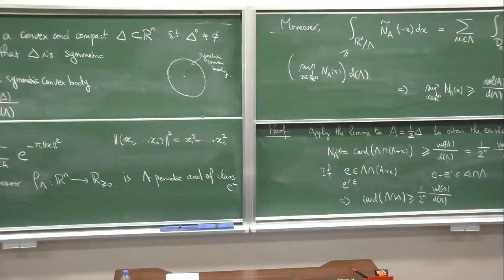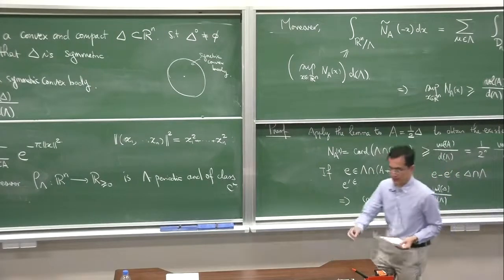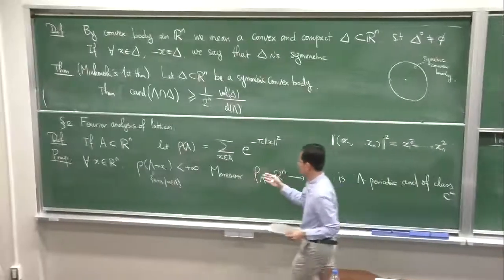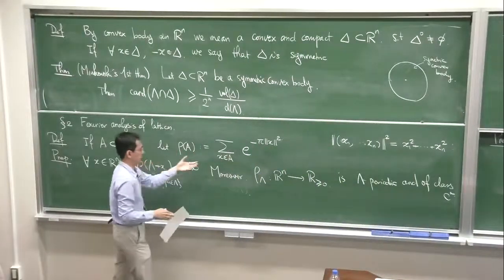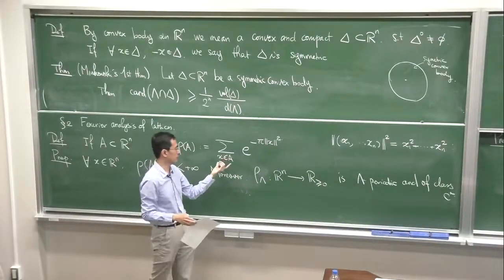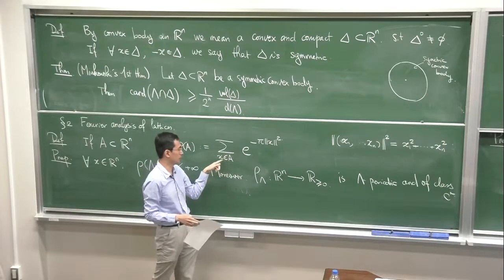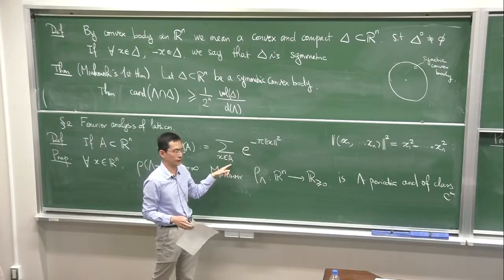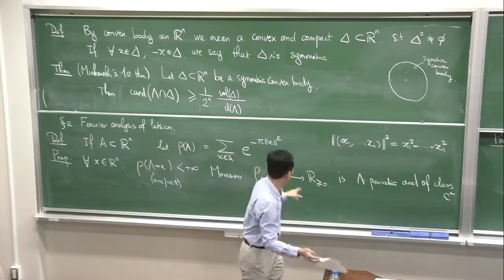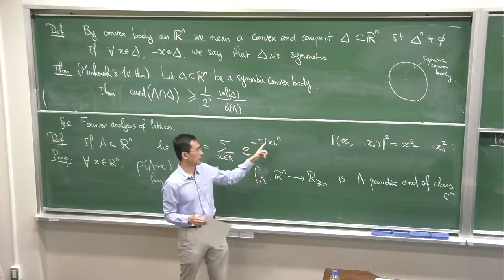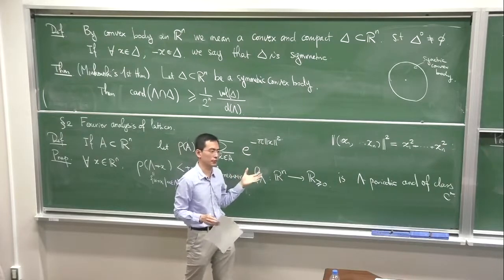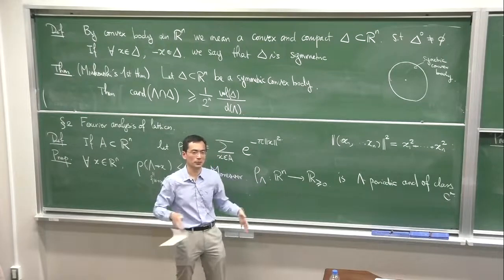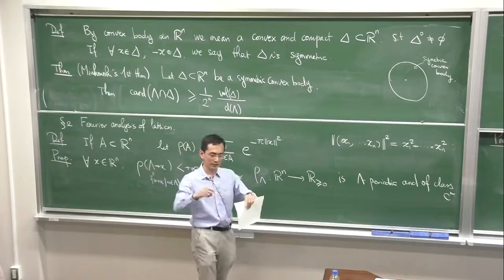Of course here I am not counting the points. This function is not the same thing as counting the number of points in A, but it is not that far away from a counting function, because exponential of minus the norm squared, viewed as a function, decreases very fast to infinity.